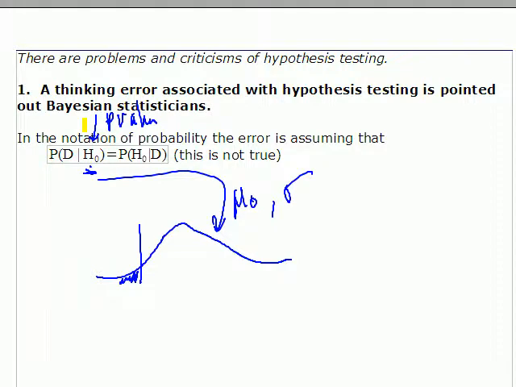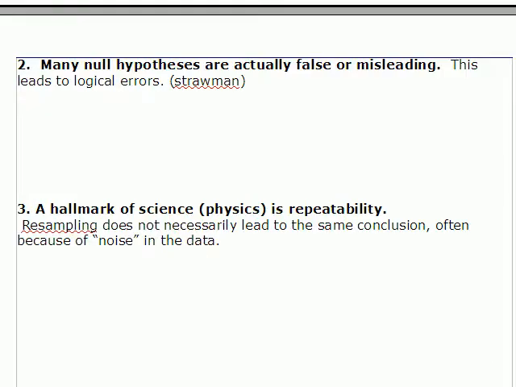Okay, so that's one criticism of hypothesis testing, and it's not really a problem with hypothesis testing itself. It's more of a misinterpretation or a thinking error associated with hypothesis testing, but it's not infrequent that this happens. Okay, now this is an error. Number 2 here is an error actually with the implementation of hypothesis testing, and the idea is that the null hypothesis is actually false or misleading to start with, and this is called a straw man error in arguing, it's a logical error.